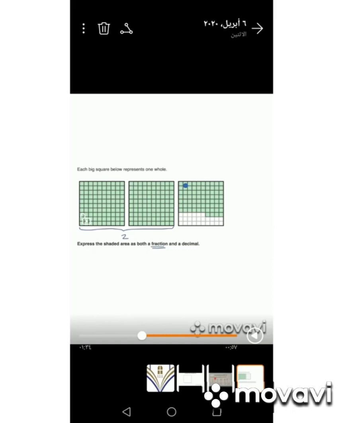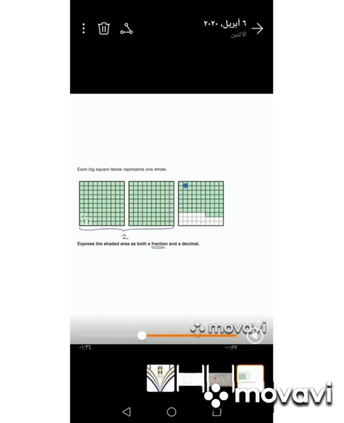Let's compute now the fraction. We know that each row consists of 10 squares. So let's count the number of shaded squares now. 10, 20, 30, 40, 50, 60, 70, and how many down?